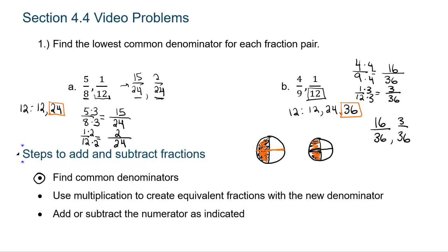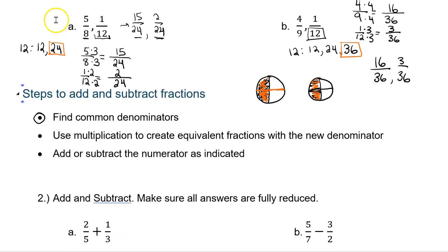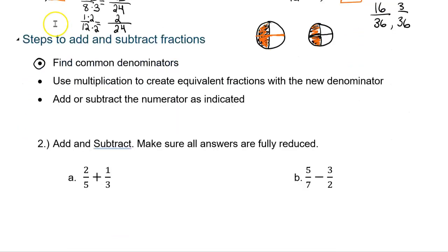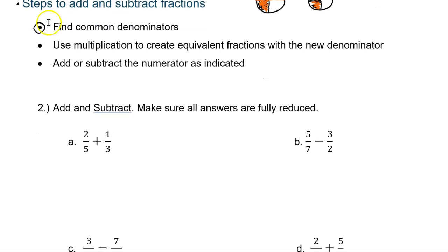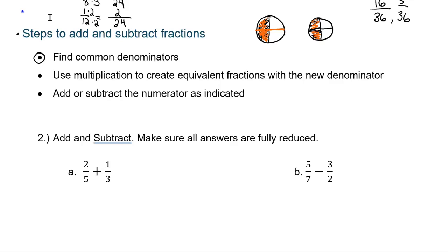All right, so now we're going to move to doing this within expressions with fractions, okay? Now notice, in the past, when you've been taught about finding common denominators, you've probably been told, find a number that both denominators go into, and then multiply the top and bottom of each fraction to get to that common denominator.